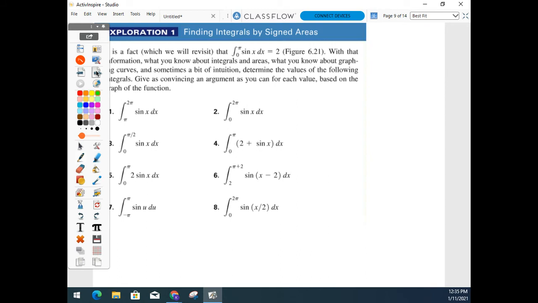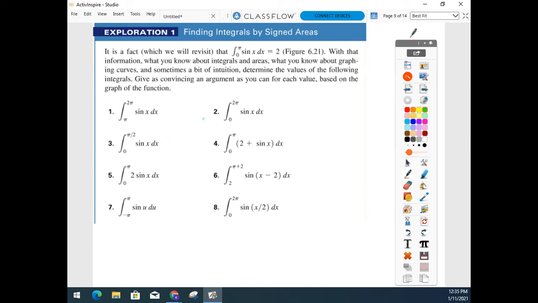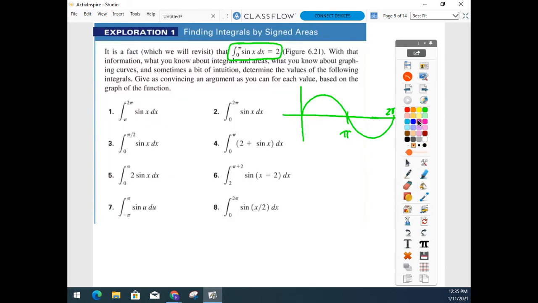Okay, so this is just an exploration using the sine curve. All right, so if we consider this equation, we know the sine curve from 0 to 2 pi looks like this. And what this is saying is the area from 0 to pi, the integral value is 2.